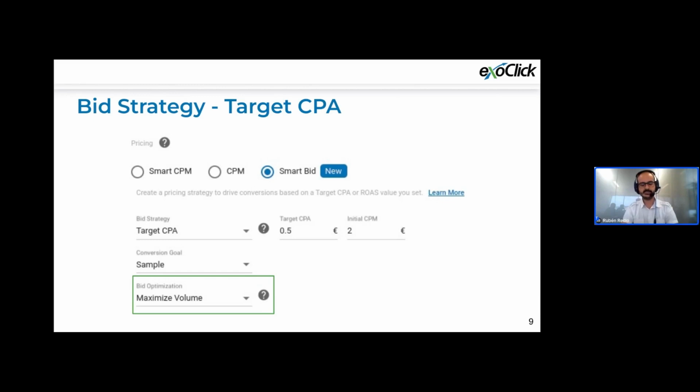With these optimizations, what they control is the amount of testing and the amount of budget that you're giving the campaign to test sources that haven't reached enough data to determine the likelihood of conversion. I will show you later during the webinar some figures that give you a clear explanation of what these different optimizations mean.